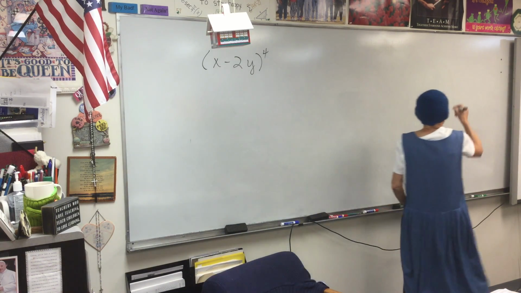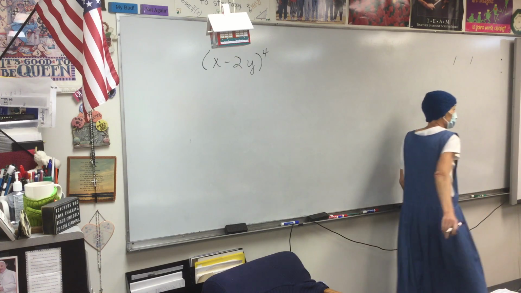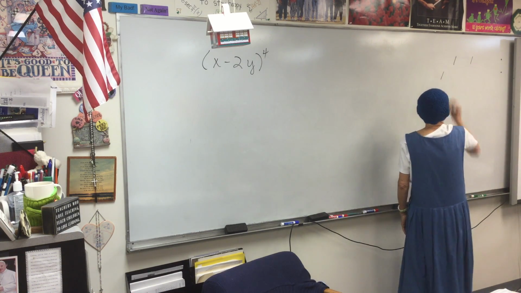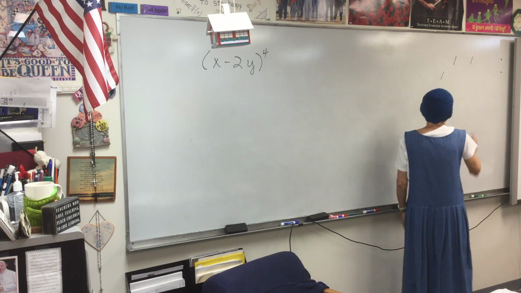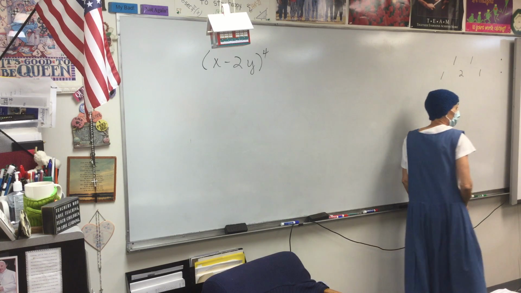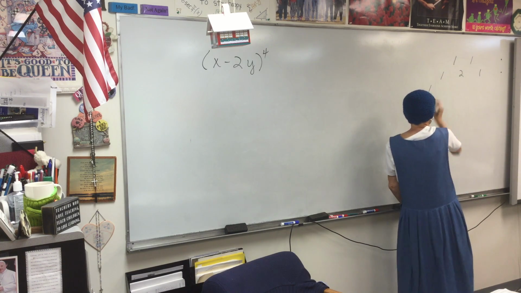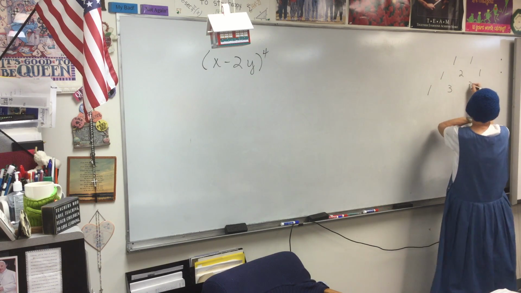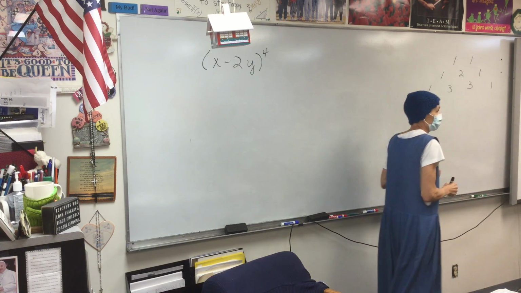It's called Pascal's triangle, and it starts with a 1 and a 1. Then we do the 1, 2, 1. Every row starts with a 1, and to find the middle numbers, you add these together, and then you end with a 1.